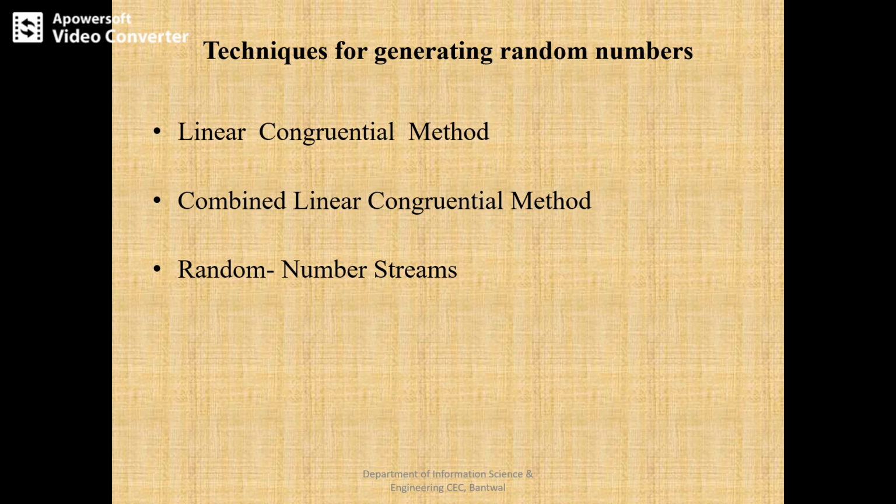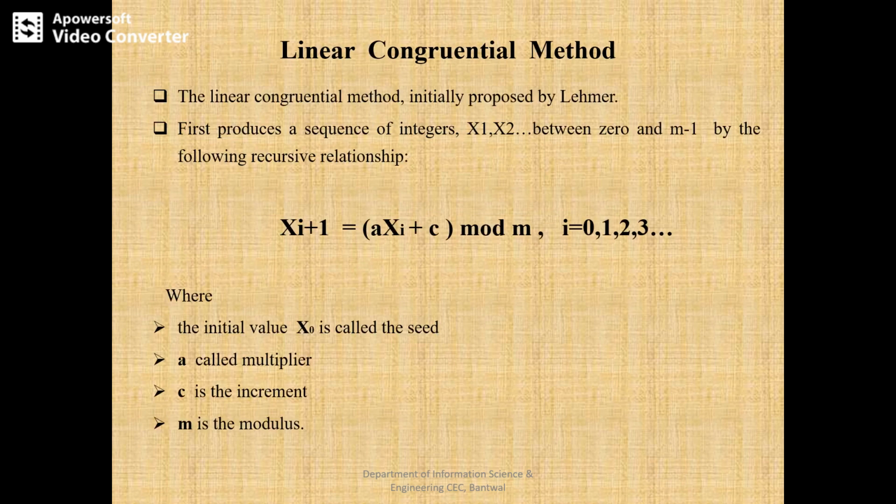Next are the linear congruential method, the combined linear congruential method, and random number streams. These are the three very popular techniques. Out of these three, the first one is the most popular technique for generating random numbers. We will discuss them one by one, first the linear congruential method.